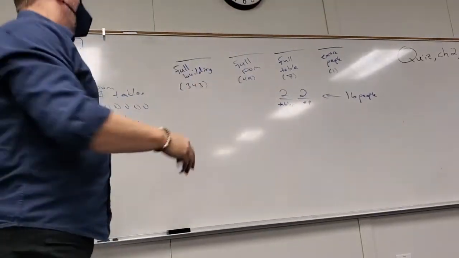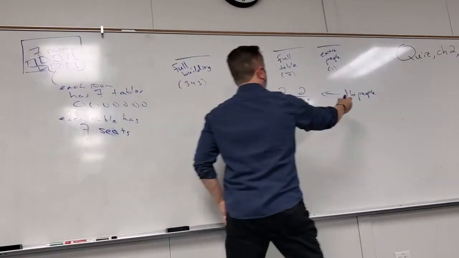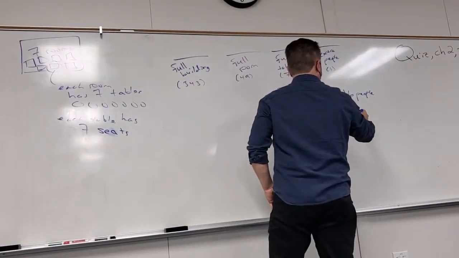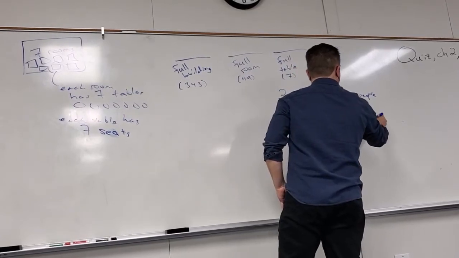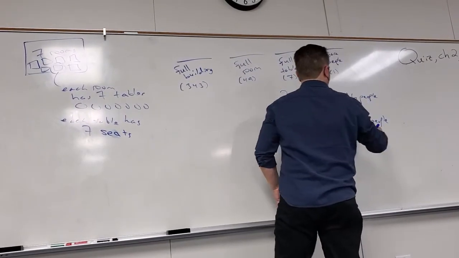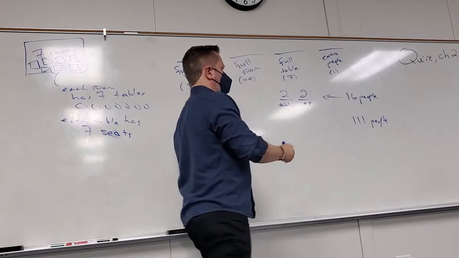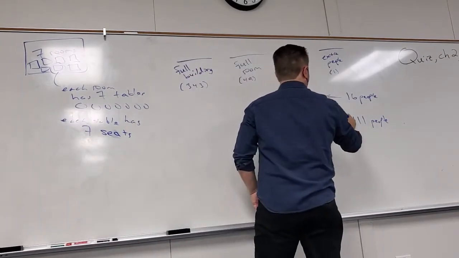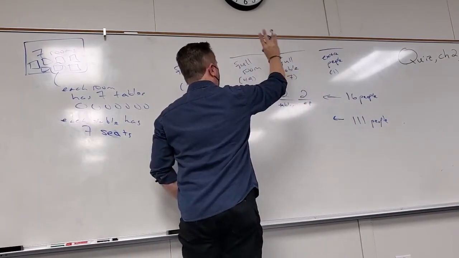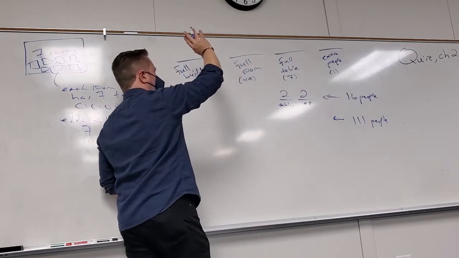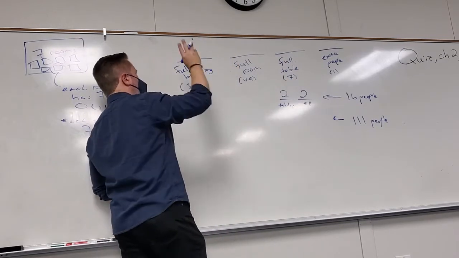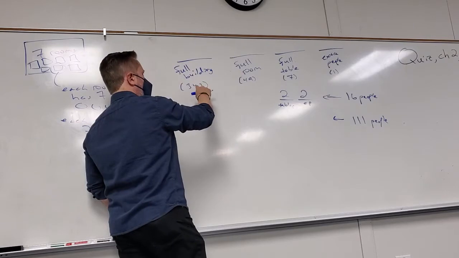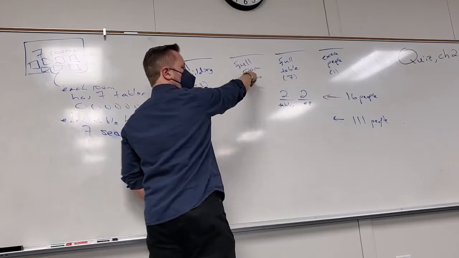Okay, so what if we had, what do you got, Jeff? Let's do 111 people. We got 111 people coming. All right, now, definitely a full table. Am I going to have a full room? Yes. Definitely. Am I going to have a full building? No. So I need to go to this place here, right?